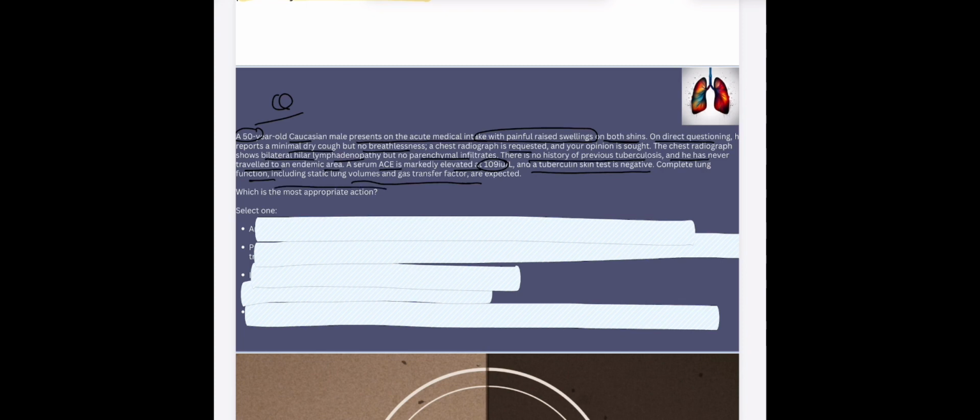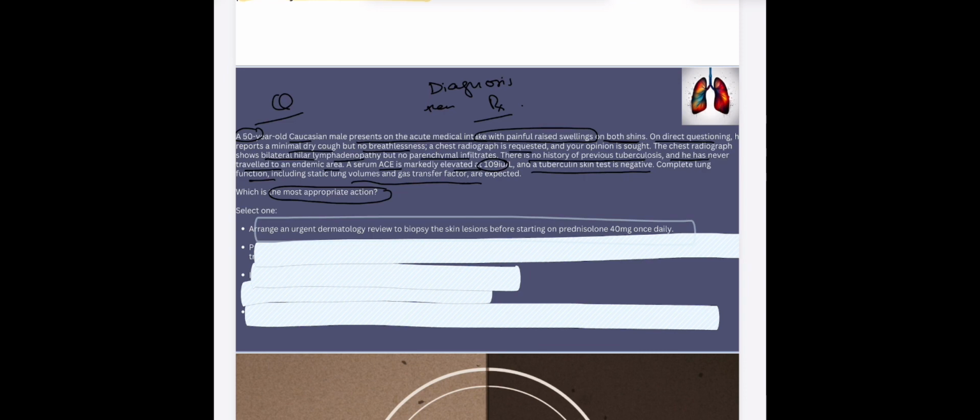What is the most appropriate action? So in this question, you have to make a diagnosis and then decide about treatment. Is it an urgent dermatology review to biopsy the skin lesions before starting on prednisolone once daily?